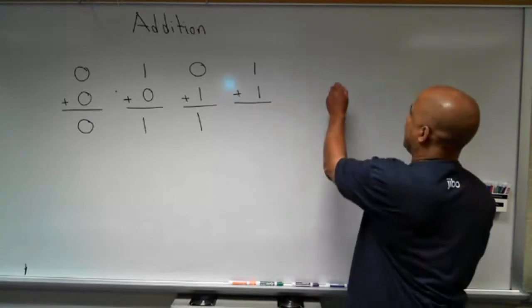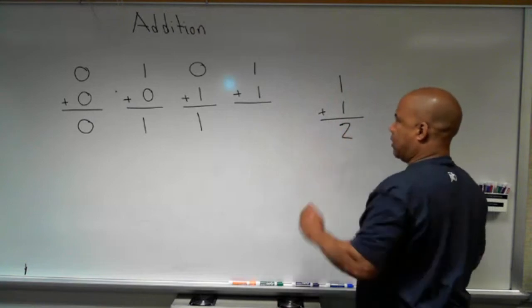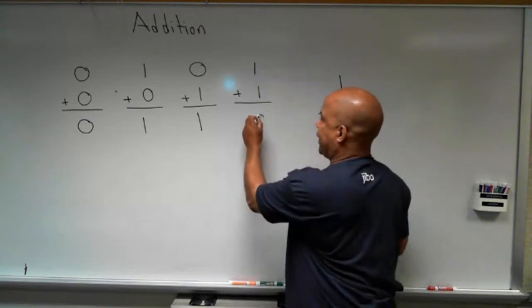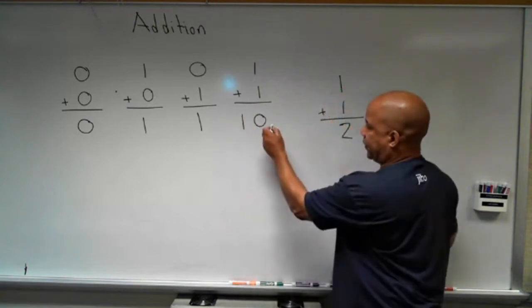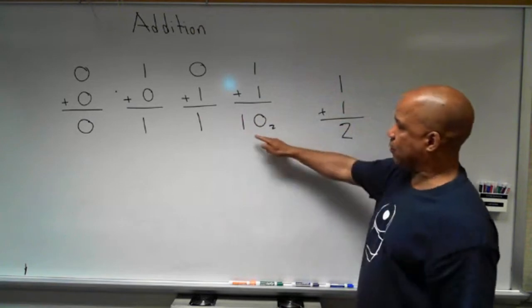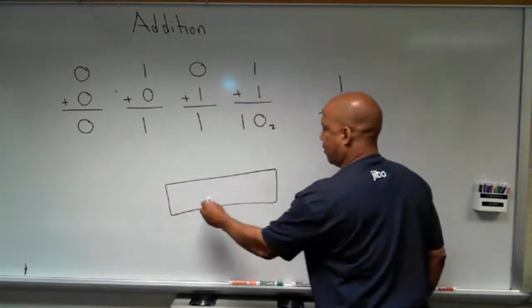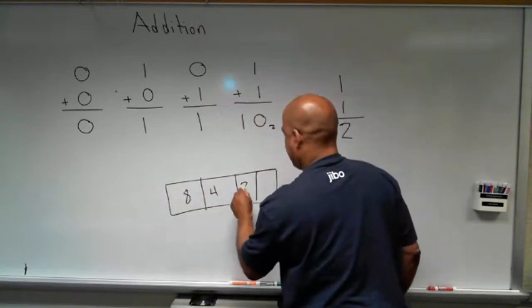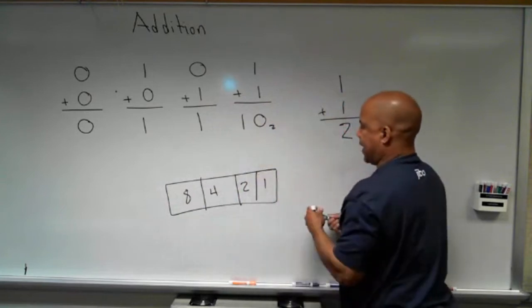You know, in base 10, a 1 plus a 1 is a 2. Well, in binary, a 1 plus a 1 is a 0, and you got to carry 1. That's base 2. So that's not a number 10, that's a number 10. So if you go to your 8421 code, you put this 10 down here.